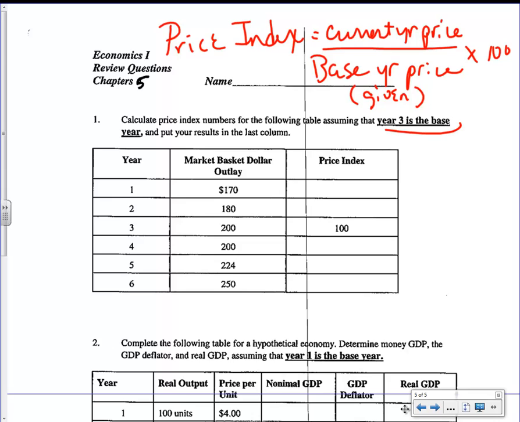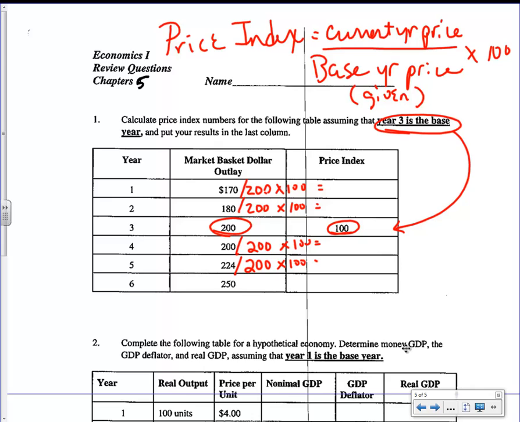So in this case, year 3 is the base year. It tells us to use the prices of year 3 as your base year. So the price is $200 for year 3. We're going to divide each year by the 200 base year price to come up with our price index.